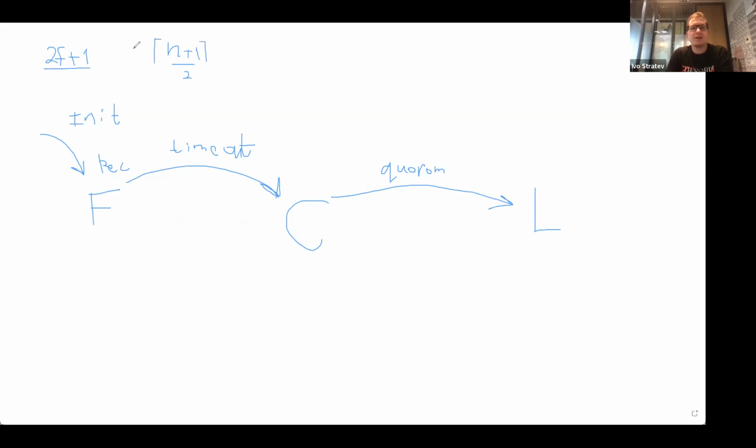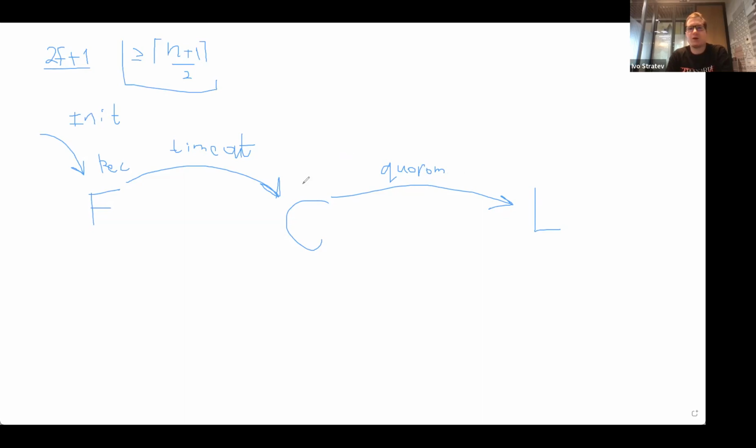We need at least that number of votes for our intention to become a leader in order to really assume the role of a leader. So during our voting phase, if we get a quorum, we become a leader.